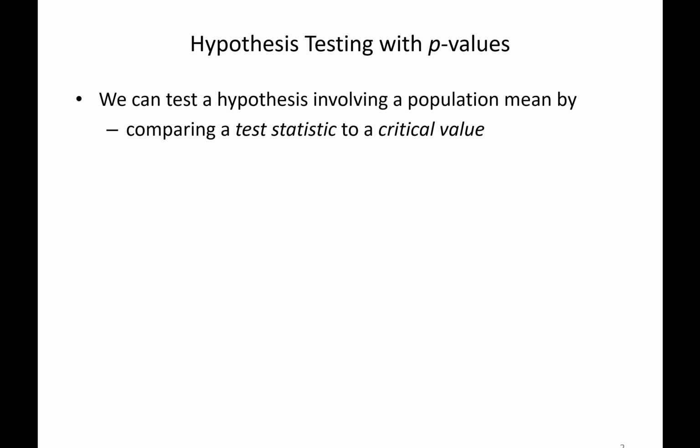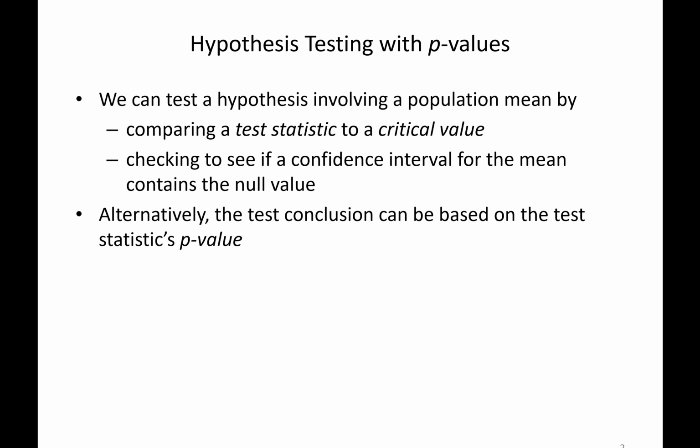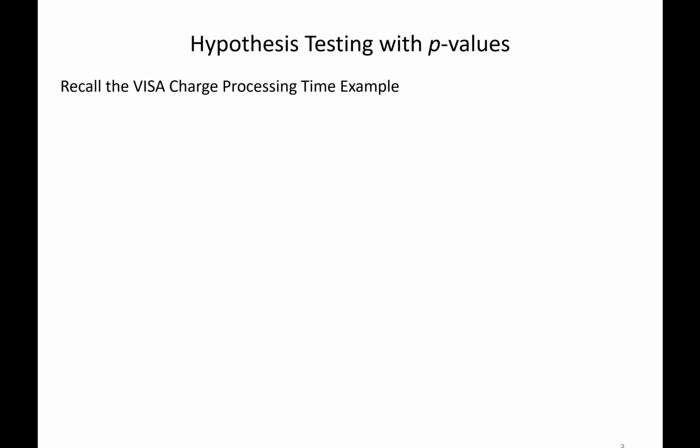If it does, then we reject the null hypothesis. We also looked at confidence intervals and the relationship between those and the critical value approach. And it turns out that there is one more way to do it, and that is to use what's called a p-value. And that's what this video is all about.